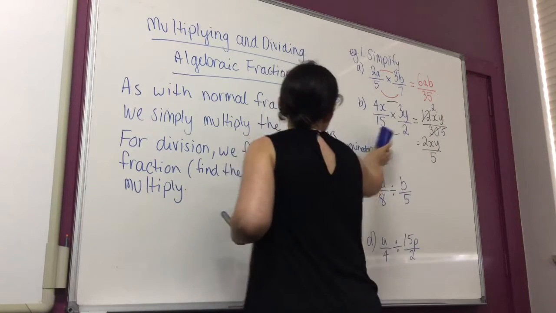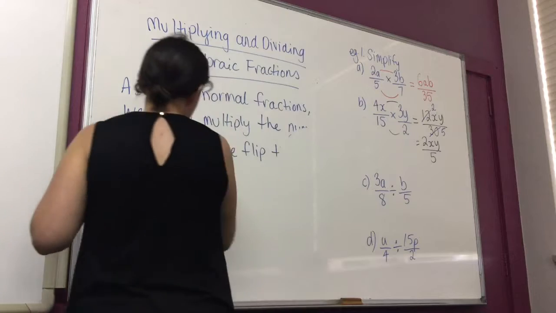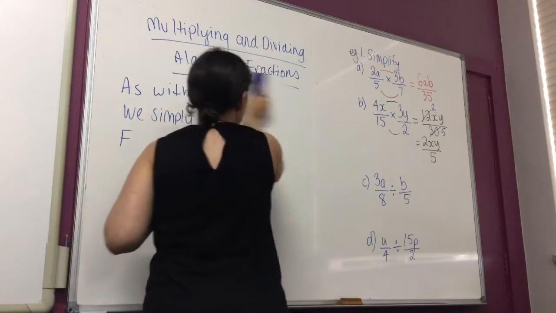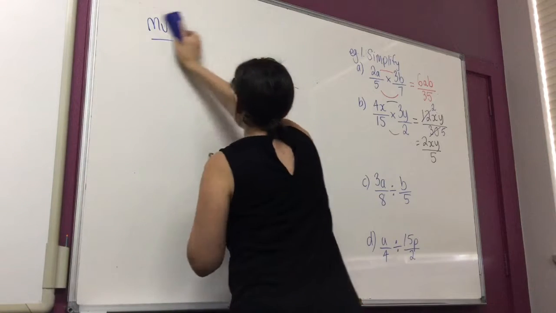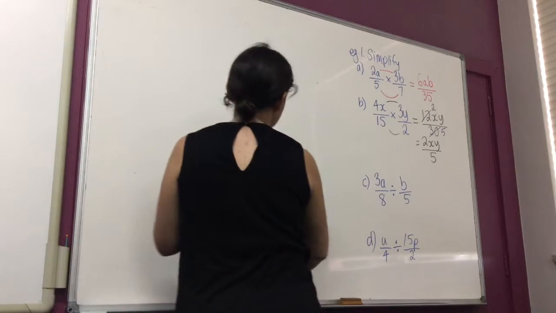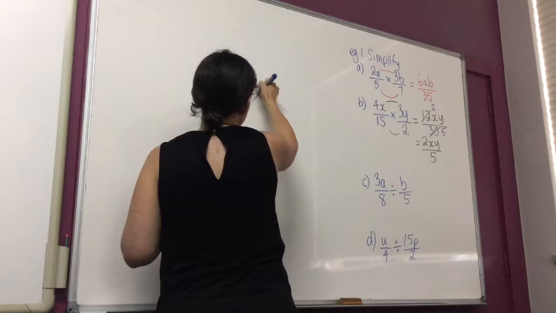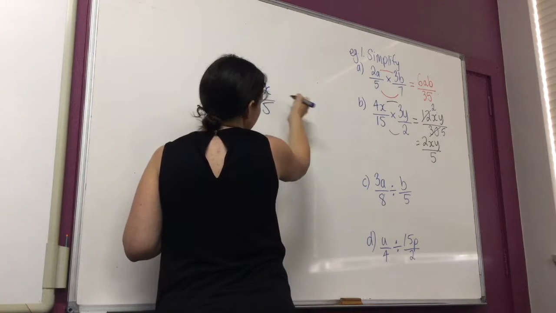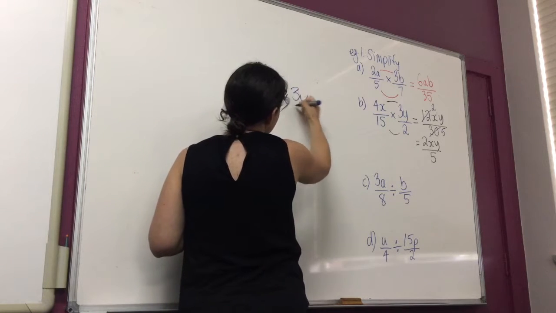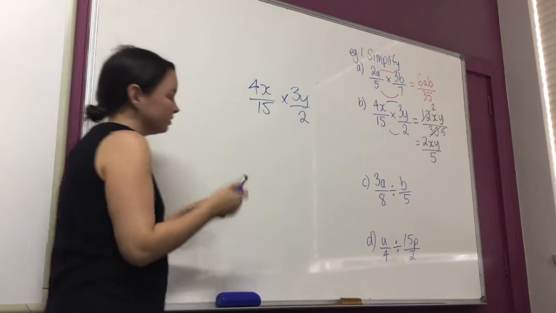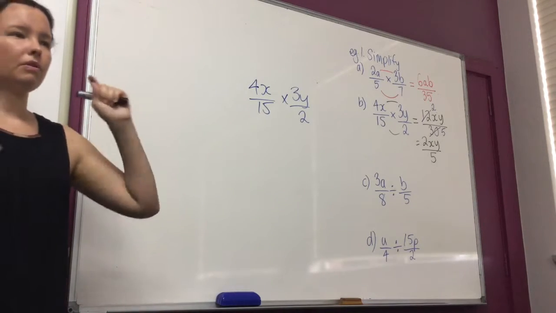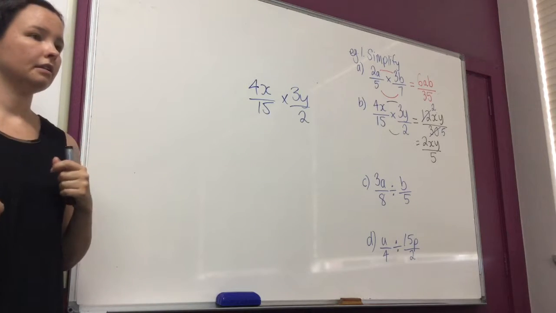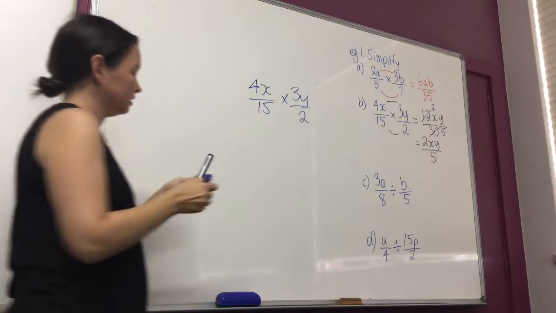The other way that we could have done that is to cancel out the factors first. So, I have the question 4x over 15 times 3y over 2. There's factors that are on the top and on the bottom that we can cross out. The 4 and the 2 both go into each other.